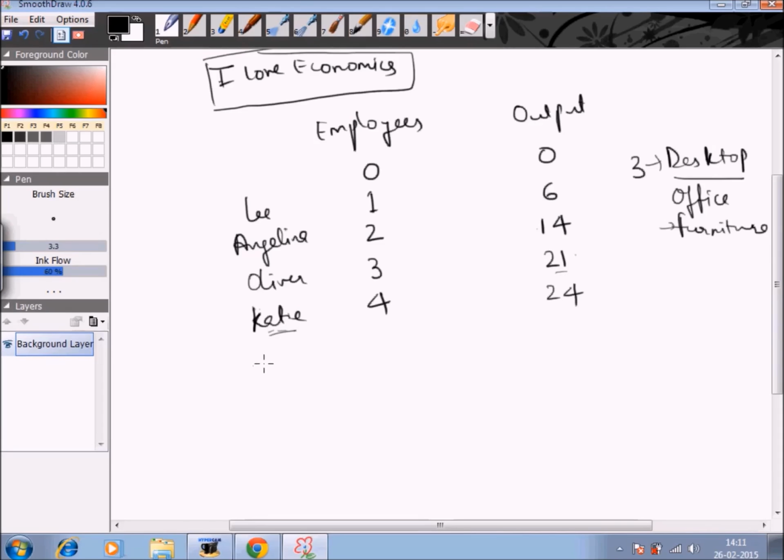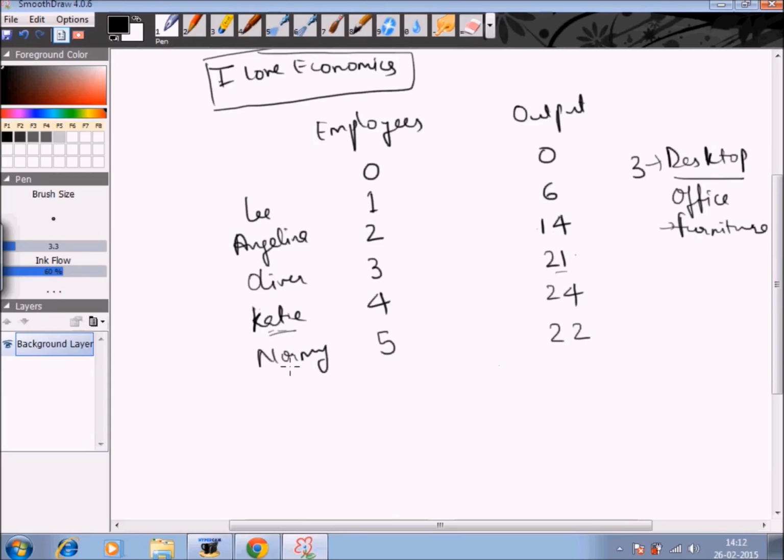Now I go for employing one more employee, the fifth one, Nomi, and as soon as I employ her, the total productivity also goes down. Till now, only the marginal productivity was going down.